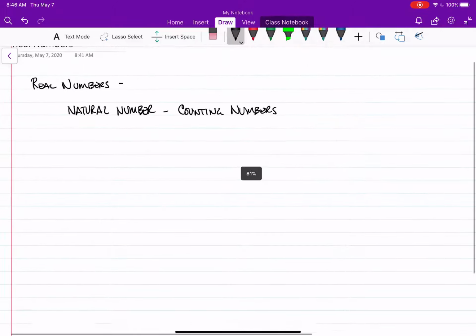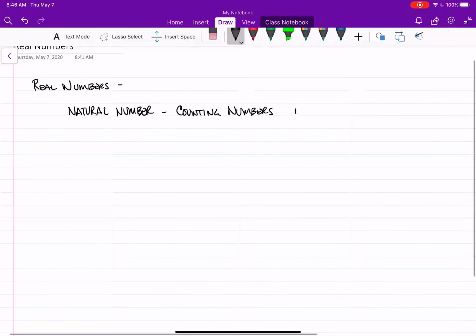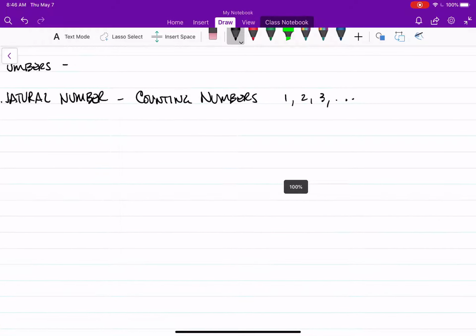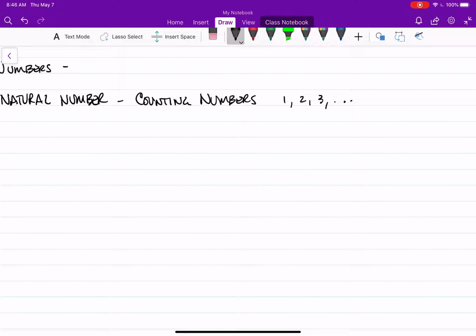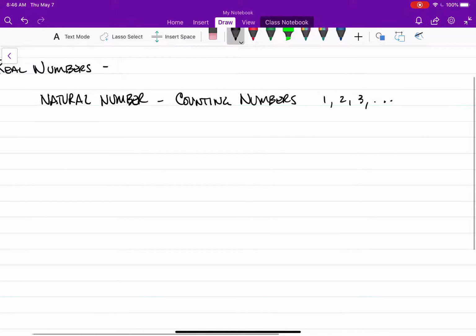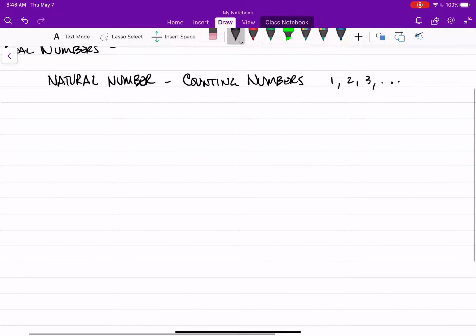We typically count this way: 1, 2, 3, and so on. These three dots just mean it continues on, in this case larger and larger, to the right, okay? And it also includes whole numbers.